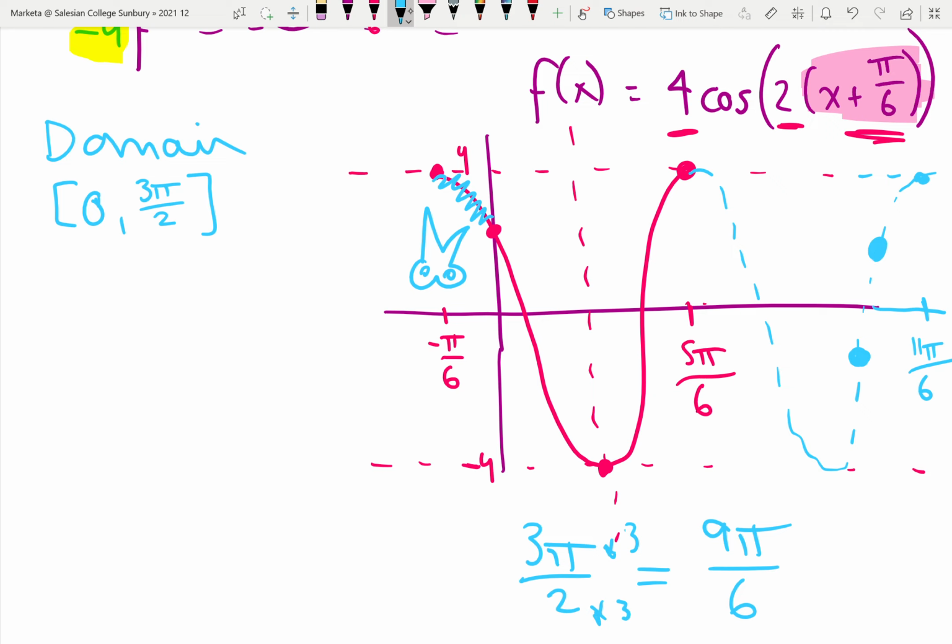So in other words, the second part of my graph, I definitely know I have this. I definitely can see I'm going past the turning point because it's more than half of the next cycle there. So if you think 5 pi on 6 up to 11 pi on 6, you've got 6 pi on 6 in between. So 5, 6, 7, 8, 9, that's 4 of them. So 4 out of 6, you've got 4/6 of this wave you've got to include.